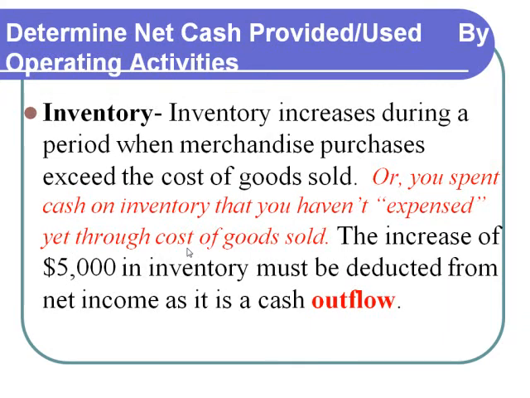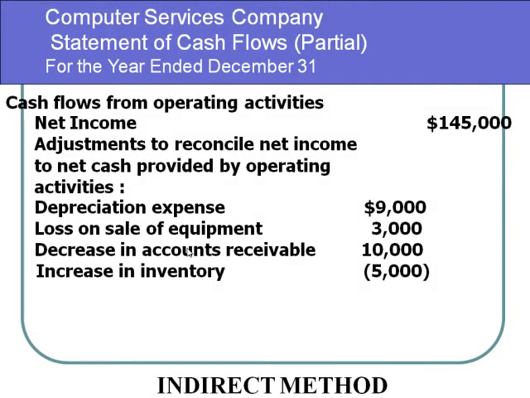So when we tie up money in inventory, it's a cash outflow. So we're going to deduct that increase. In the same way, for Joe's repair company, when we had an increase in accounts receivable of 30,000, we deducted it. Here we have an increase of inventory, so we're deducting it. We spent cash on inventory.